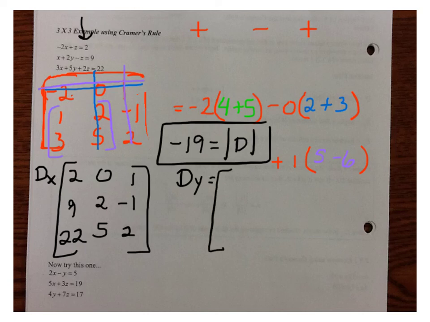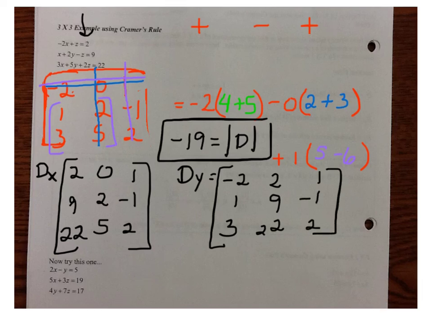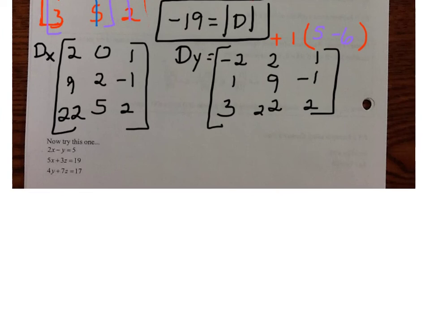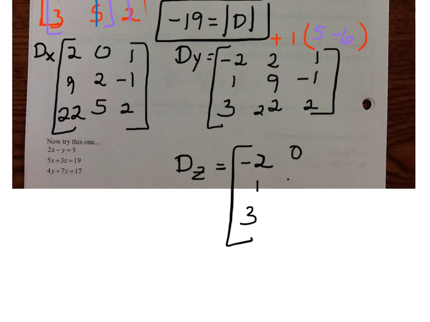This time the second column is going to change, and everything else will remain the same. The same goes for d sub z: this time keep the first two columns the same and change the last column.